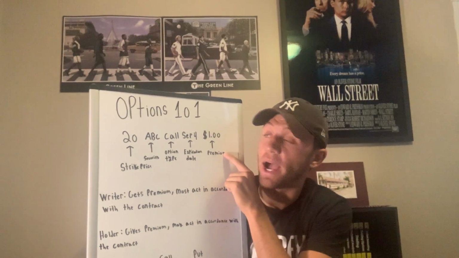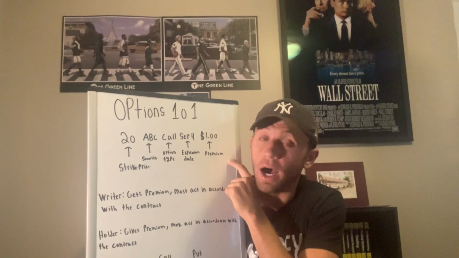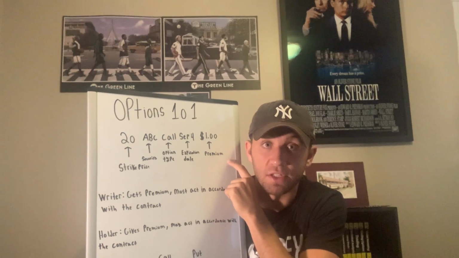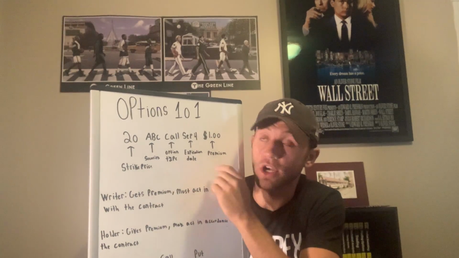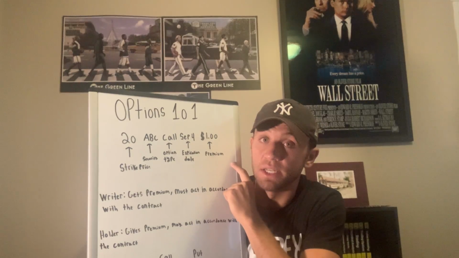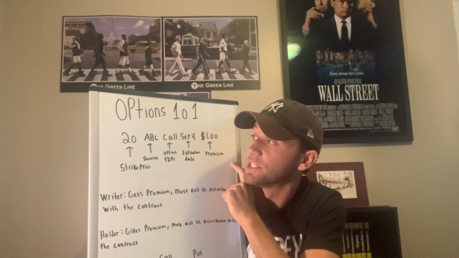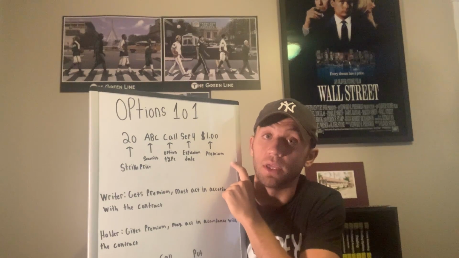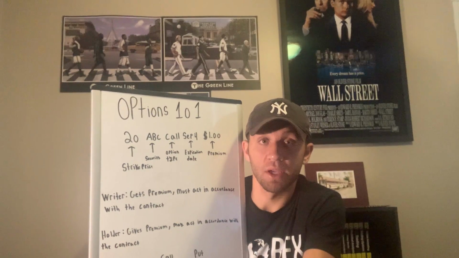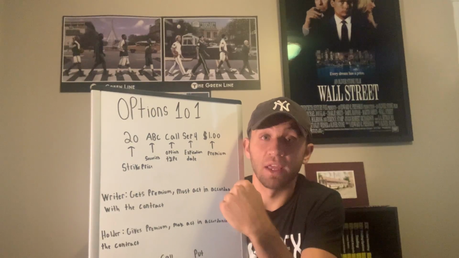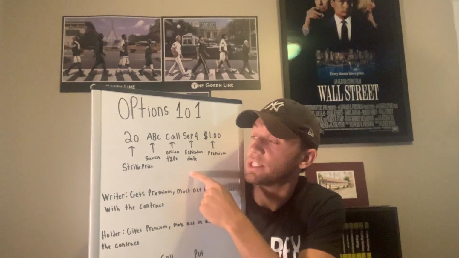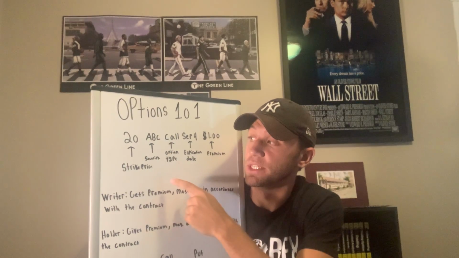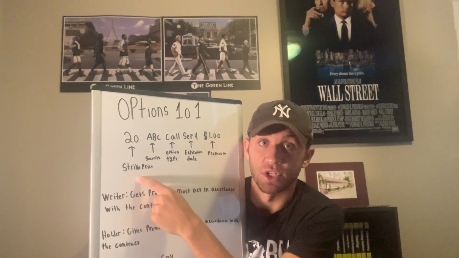So again, going back up to our example of a quote, I'm an option writer and you're the investor. So you want to buy this option, a $20 ABC call that expires on September 4th with a premium of $1. So you will give me the $1 in premium and I will give you the chance on September 4th to buy ABC Corporation at $20 a share.